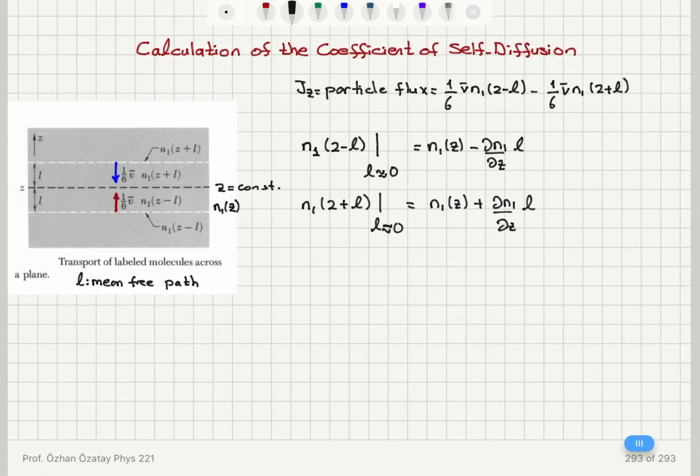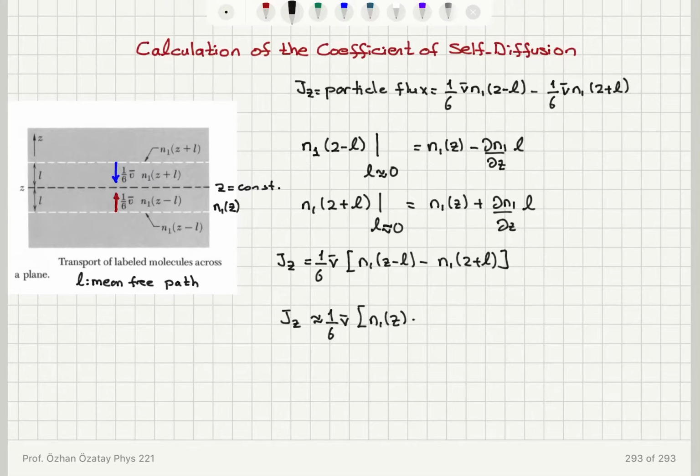Okay, so let's go back to our calculation. For the particle flux Jz, we have 1 over 6 V bar N1 at Z minus L minus N1 at Z plus L, and this is approximately 1 over 6 V bar N1 of Z minus del N1 del Z times the mean free path, minus N1 of Z plus del N1 del Z times the mean free path.